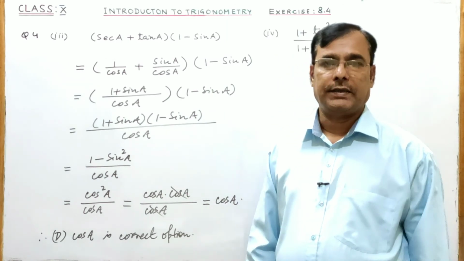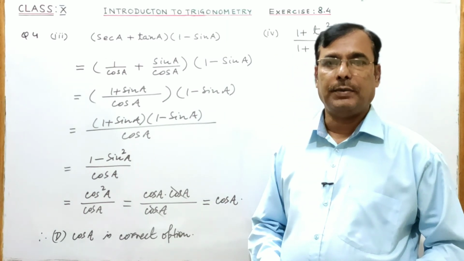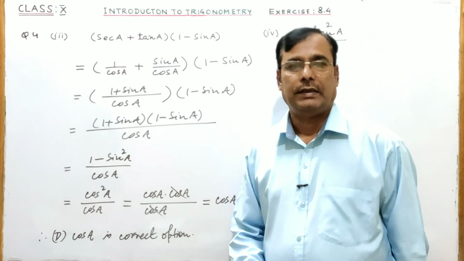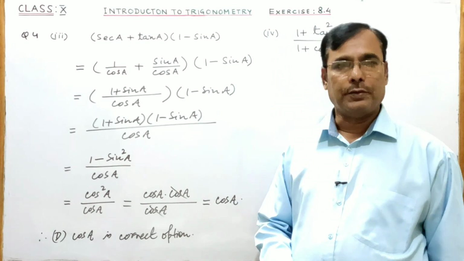Now fourth part, 1 plus tan square A by 1 plus cot square A equal to what? Here in this part 4 options are given.